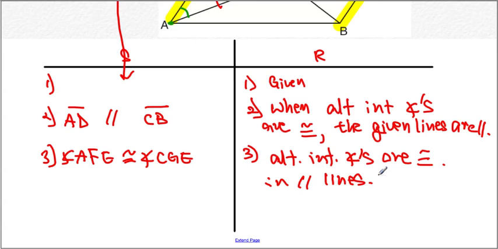Now, once again, you want to state that these are alternate interior angles before step number 3. That's perfectly fine also. Now, step number 4.